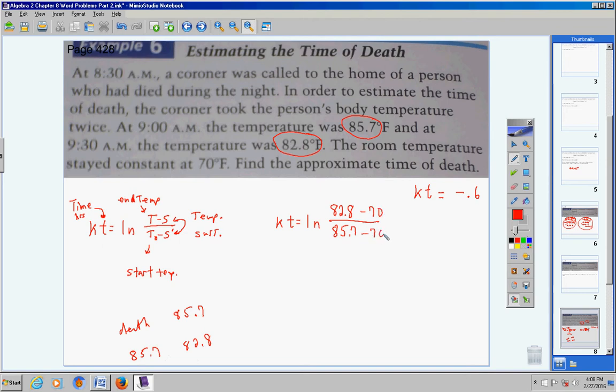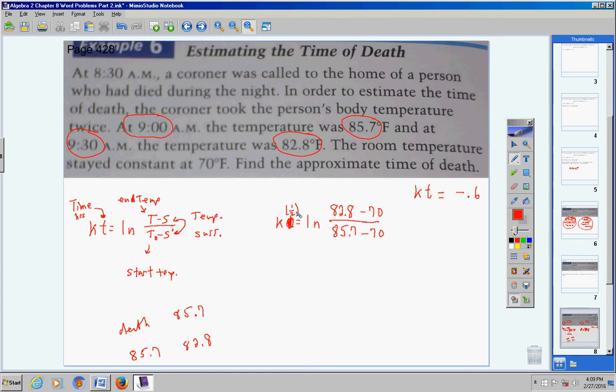Now once again, you guys are big Algebra 2 students. There's no reason you cannot type in, subtract these two numbers, and take the logarithm of all of this. And for T, what can I put for T right here? 1/2, right? Because it's been 30 minutes from 9 a.m. to 9:30. That's half an hour.